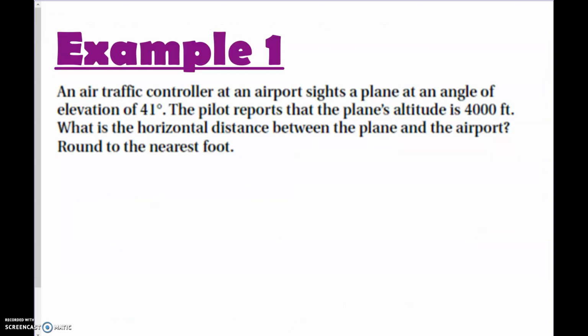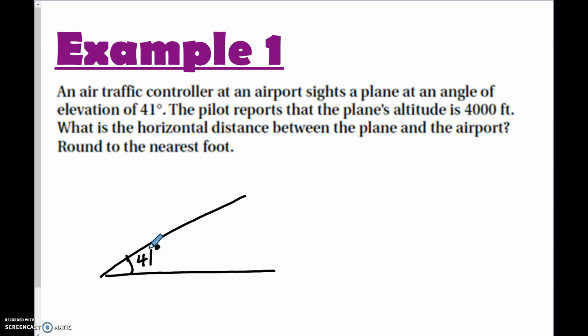All right, let's put a few of these to good use. On your test, you're going to need to draw some pictures and then set things up. An air traffic controller, a person standing on the ground, sights a plane at an angle of elevation. His horizontal view, and then the angle of elevation up, is 41 degrees.